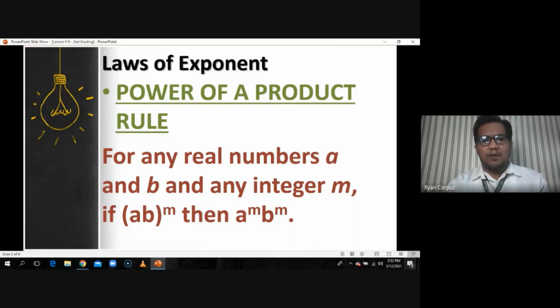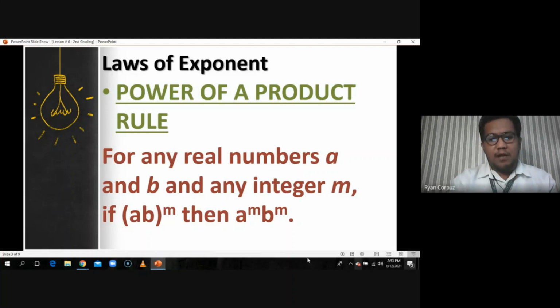So, ganito yung pinatutungkulan ng power of a product rule. So, if we do have given factors that were raised to an exponent, and that exponent is outside those two factors, all you have to do is to simply distribute that exponent to each of the factors.